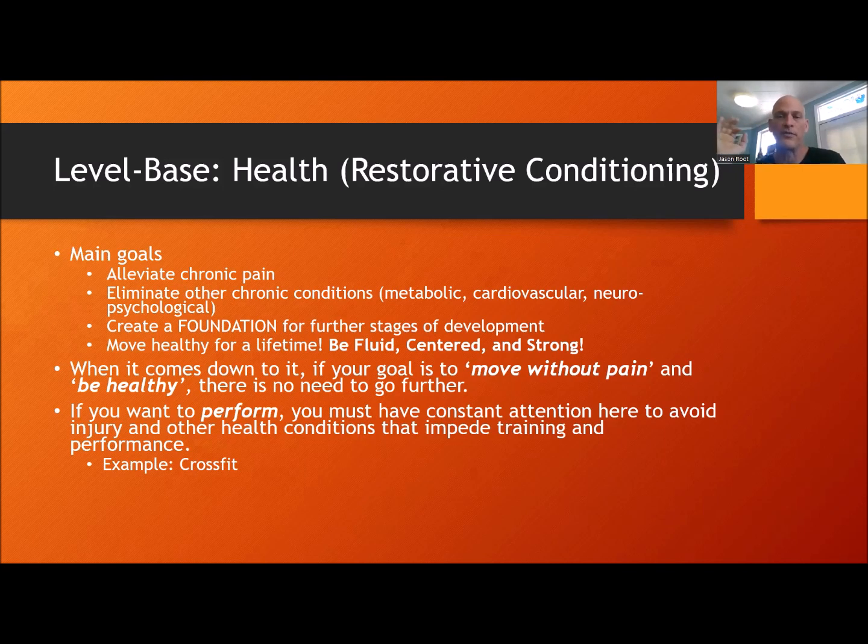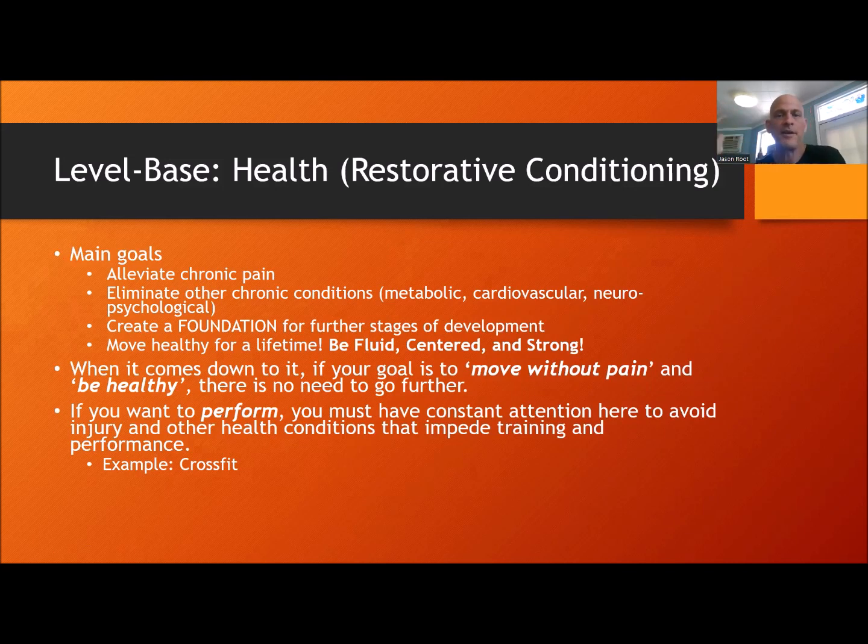We really want to focus on training to get those health markers into a better area. We want to create a foundation for the functional capacity level, and also to be able to move healthy for a lifetime. So I would say be fluid, be centered, and be strong.